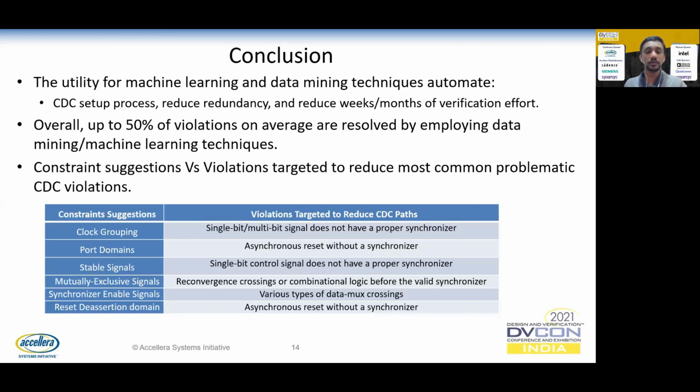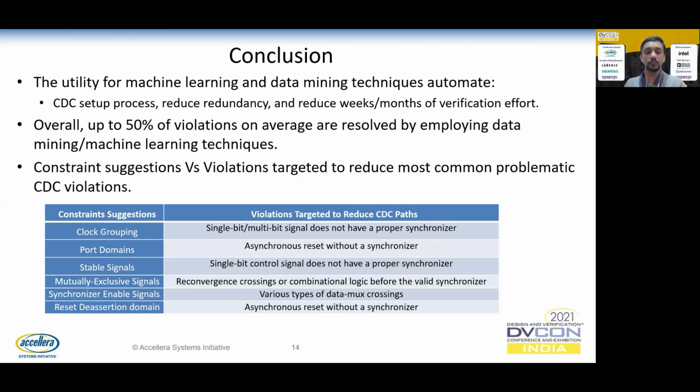To conclude, the utility of machine learning and data mining techniques automate the CDC setup process, reduce the redundancy of CDC verification results review, and reduce weeks or months of intense designer verification effort to sign off the CDC clean RTL.